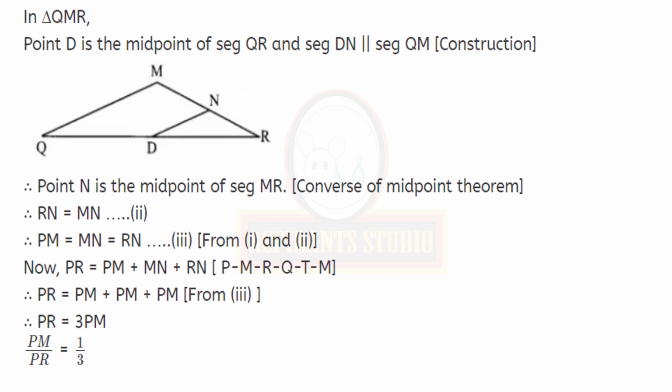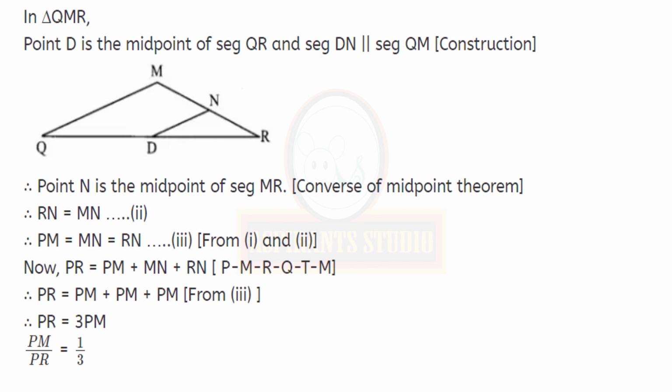So point N is the midpoint of segment MR. So we can write, looking at the figure, since N is the midpoint of segment MR, RN is equal to MN. Take it to be the second equation. Therefore, PM is equal to MN is equal to RN from equations 1 and 2. Combine equations 1 and 2, you will get PM is equal to MN is equal to RN.